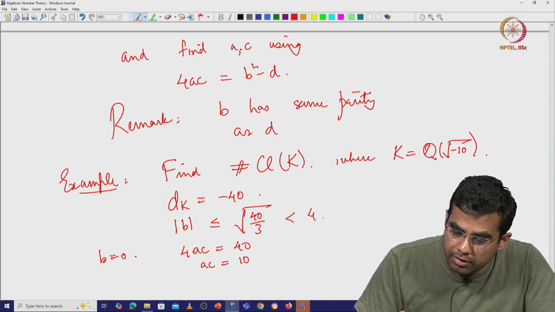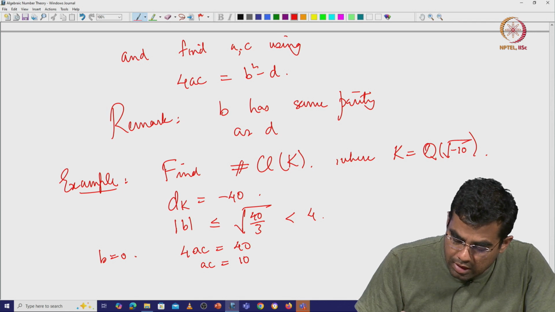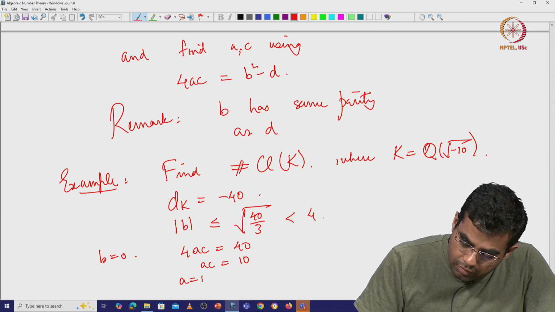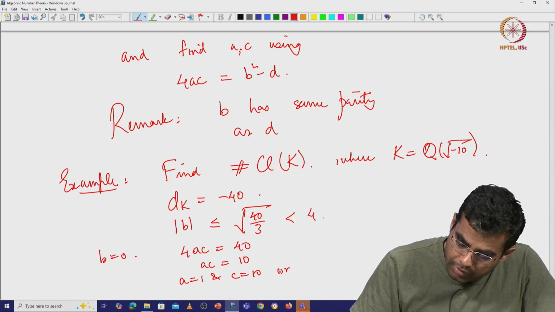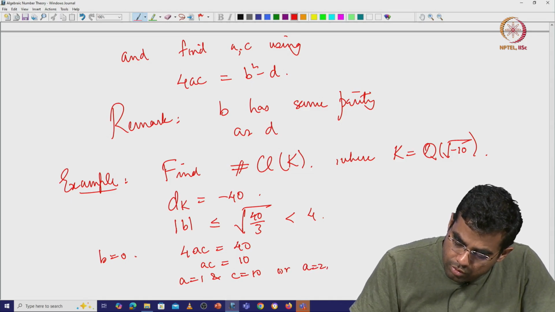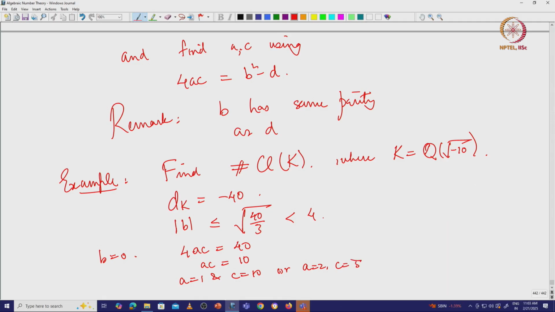The possible values are a equal to 1 and c equal to 10, or a equal to 2 and c equal to 5. You can't have anything else because a has to be less than or equal to c.